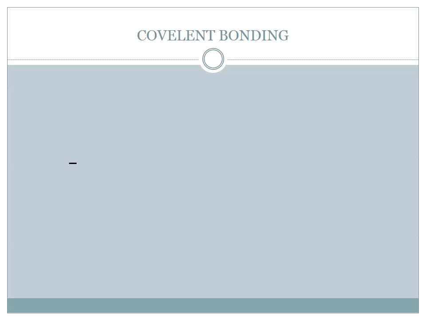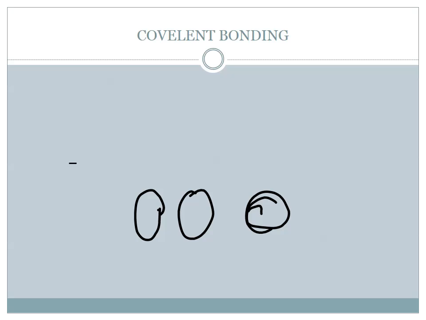For example, one hydrogen has one electron in its outer shell, and another hydrogen has one electron in its valence shell, and together they bond to form H2. A covalent bond in which two electrons are shared is called a single bond, and that's represented as just one dash, as shown here.